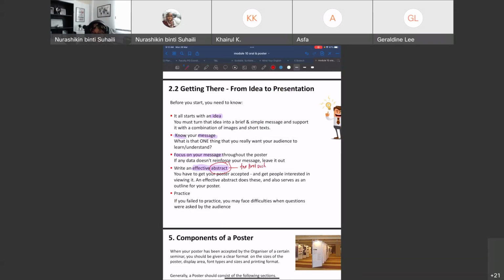It is a short paragraph that describes what the poster is all about.